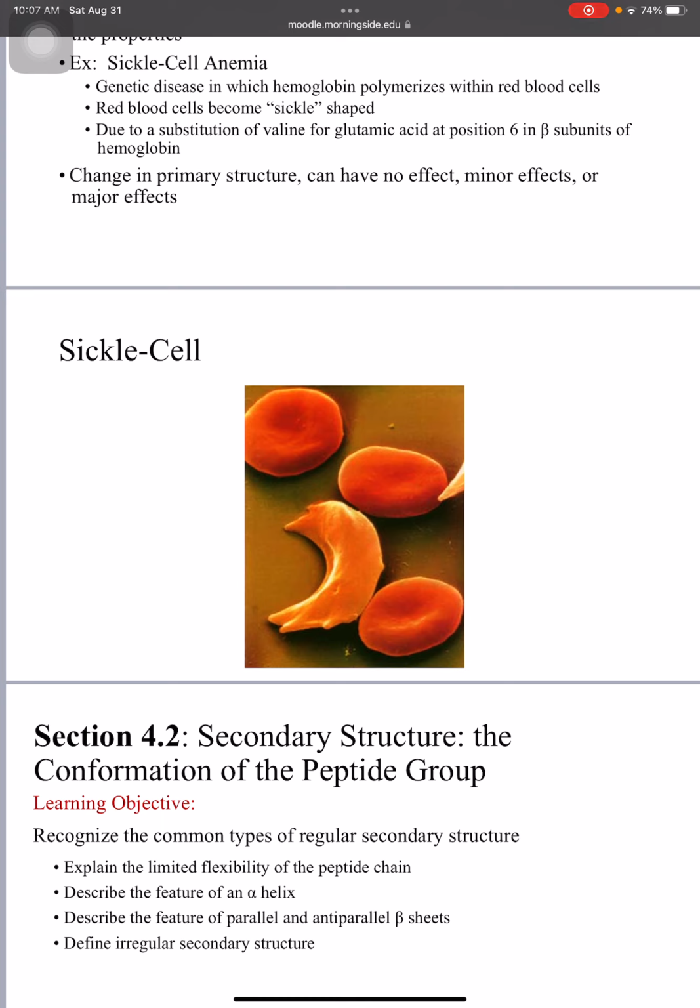And so they bunch up, and as they do so, they'll acquire this characteristic sickle shape. And they really lose their function. And that's very, very dangerous. This just serves as a good example of just how much one change in your primary structure sequence can have an overall effect on function of the protein.